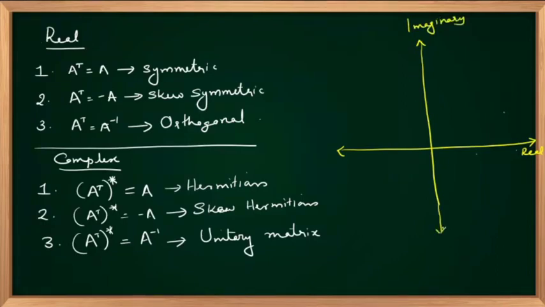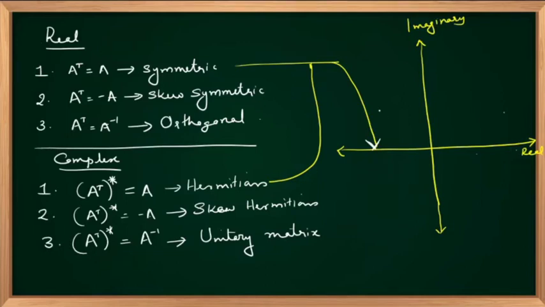Now the first element from real and complex, that is symmetric and Hermitian matrices. For these two matrices, the eigenvalues will always lie on the real axis, which means whenever you see a symmetric matrix or Hermitian matrix, you can be pretty sure that the eigenvalues are going to be lying on the real axis, which means there will be purely real numbers.